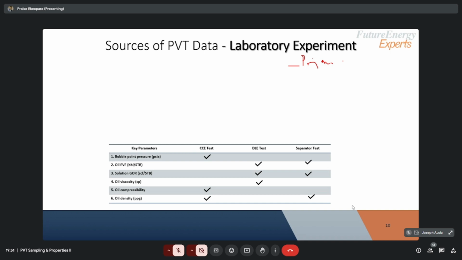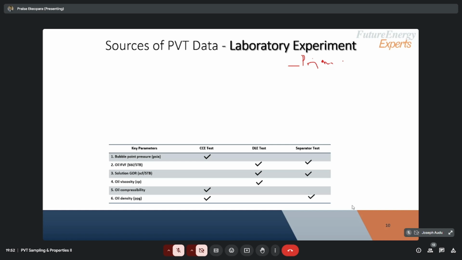Then the third kind of laboratory experiment we can have is the one we call specialized experiment. Those experiments are usually done when an intervention recommendation wants to be implemented. For example, if we recommend a well to be a candidate for gas injection, or water flooding or gas flooding or whatever, you can't just go and start carrying out that action.